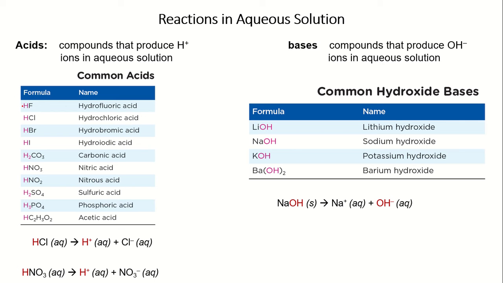So that means if you put HF into water, it will break down as H plus and fluoride ion. If we put hydrochloric acid, HCl, it will break down as H plus and chloride minus. If we put acetic acid into water, it will break down as H plus and C2H3O2 minus.